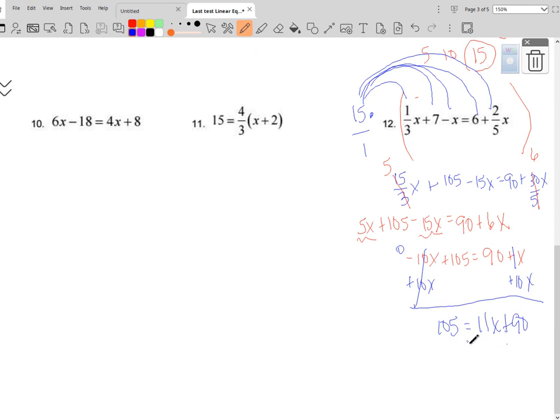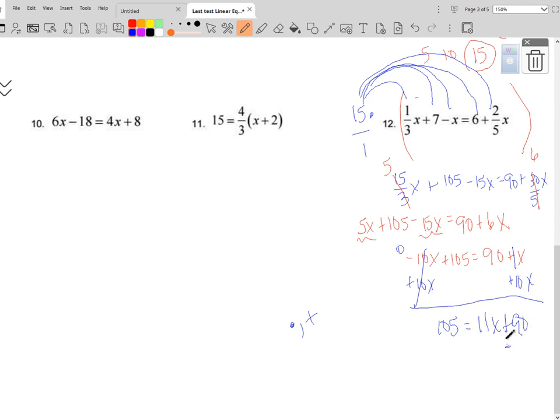Now I've got 105 equals 11 times x plus 90. I'm undoing multiplication and I'm undoing addition, but I'm going to undo the addition first. How am I going to undo adding 90, Kimani? Subtract what? Yep, 90.